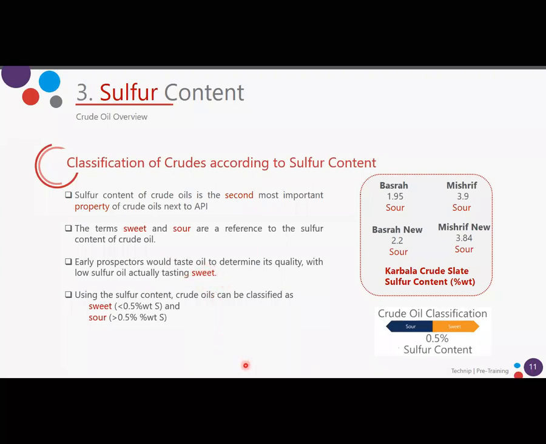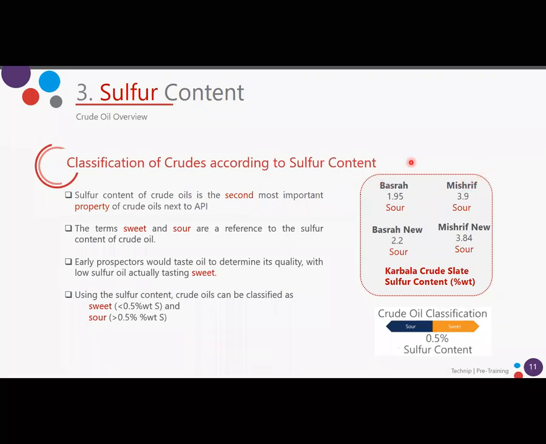If we use the sulfur content to classify the crude, we say that the crude is sweet if the sulfur content is less than 0.5% weight, and it's sour if the sulfur content is greater than 0.5% weight. Here we have the sulfur content of the crudes of the buff wrap and the mixed reef.